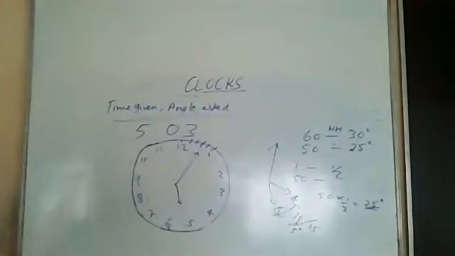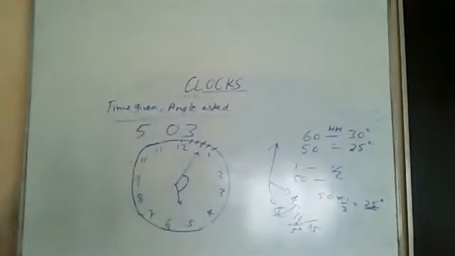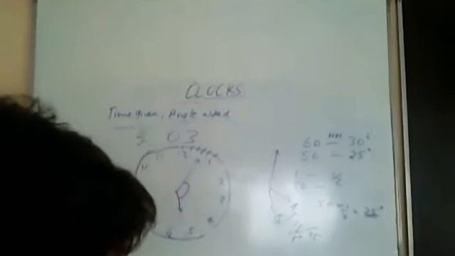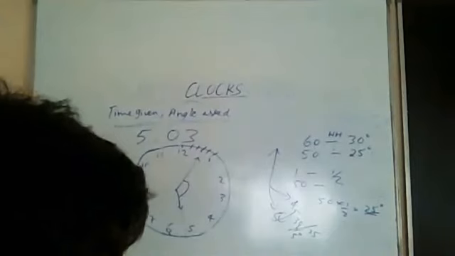Guys, you know the question, right? The question is the angle between the minute hand and the hour hand. It is not between 5 and 3. I don't want 5 and 3. I want the angle between the minute hand and the hour hand. Correct? How much? Anybody?